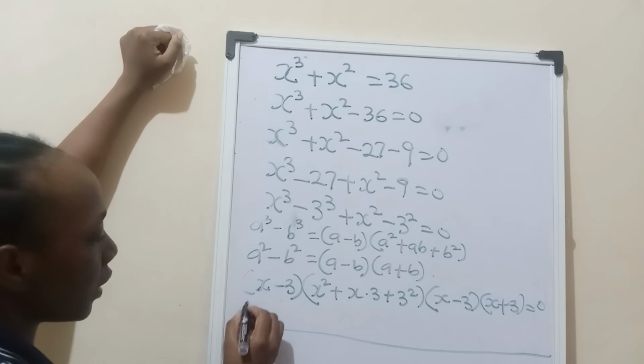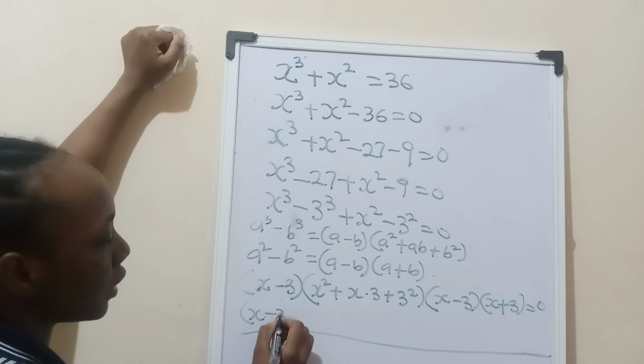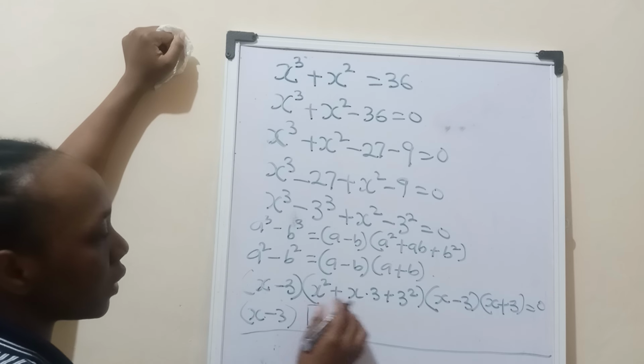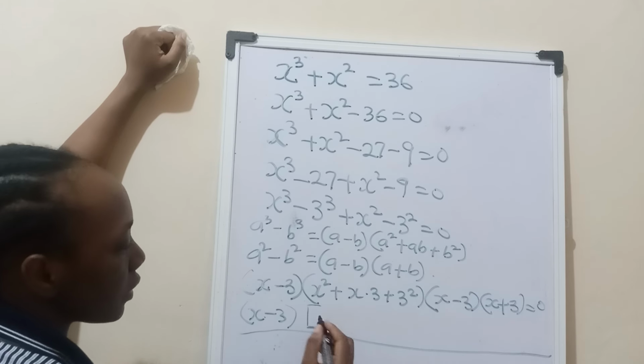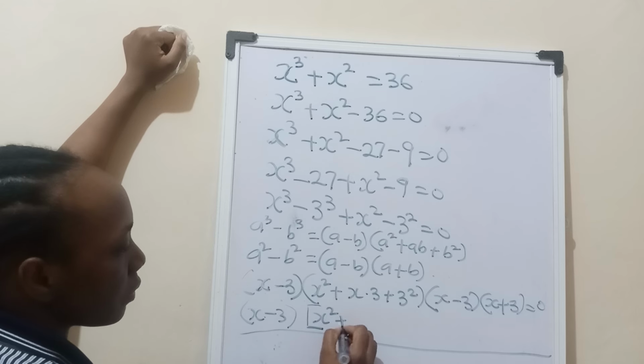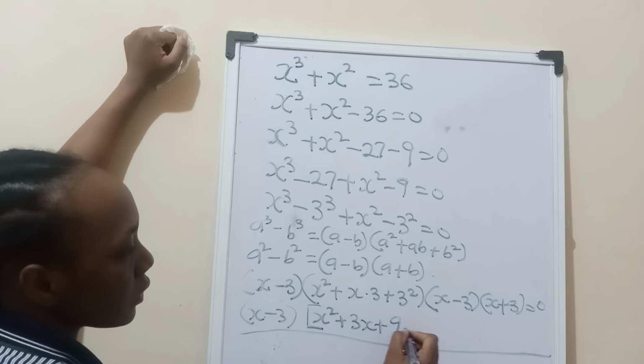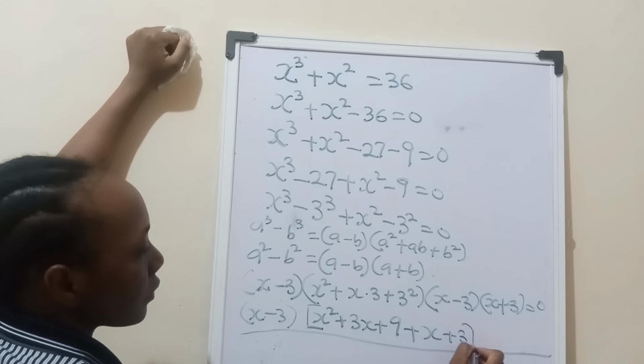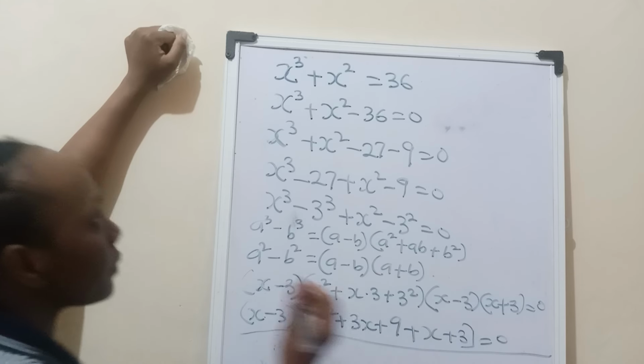So here we have x minus 3 is common, so we factor that out and we're left with this and this. So x squared plus 3x plus 9 plus x plus 3 equal to 0.